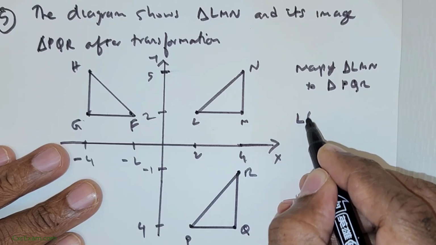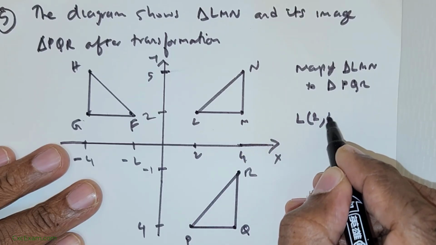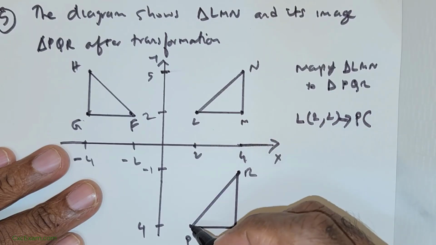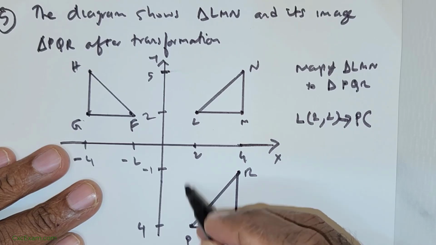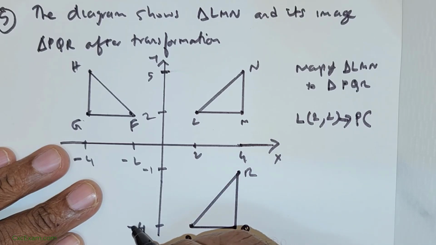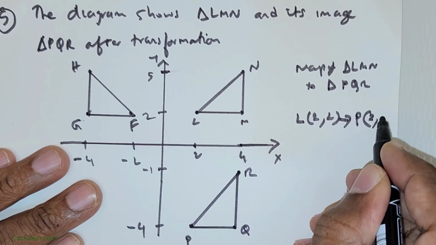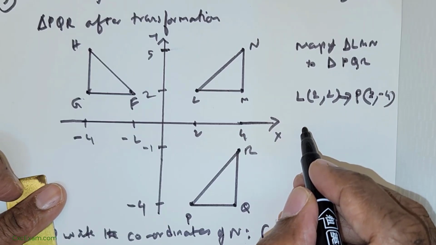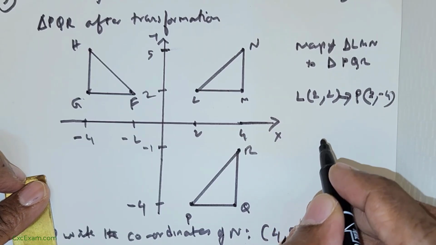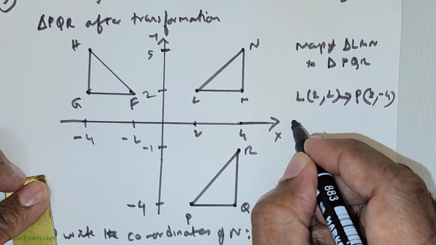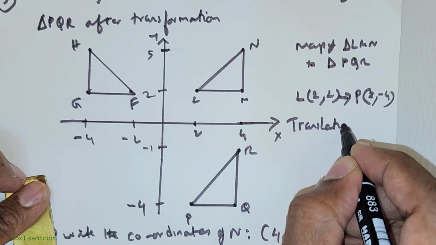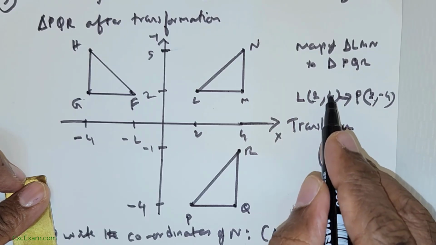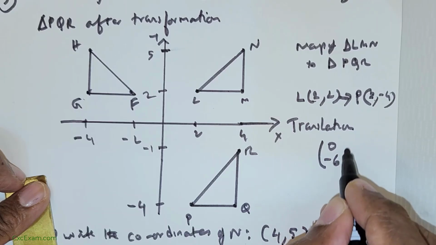So L of 2, 2 is mapped to P of 2, -4, right? So we are actually looking for the translation, right? So what would be the translation in this case? So the translation is going to be 2 minus 2 is 0, and 2 minus -4 is going to be 6.